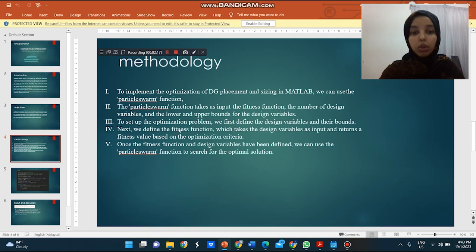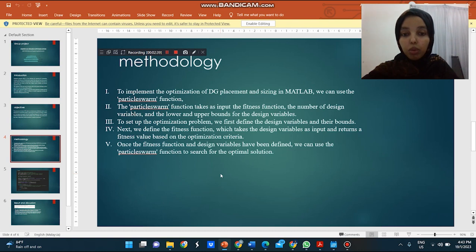To implement the optimization of DG placement and sizing in MATLAB, you can use the particleswarm function. The particleswarm function takes as input the fitness function, the number of design variables, and the lower and upper bounds for the design variables. To set up the optimization problem, we first define the design variables and their bounds.